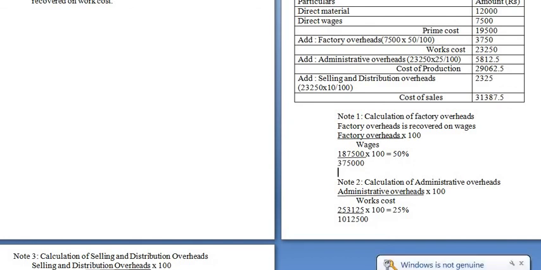Add it and you will get 31,387.5. Here they have not given any information relating to profit or sales, so this itself is your answer.